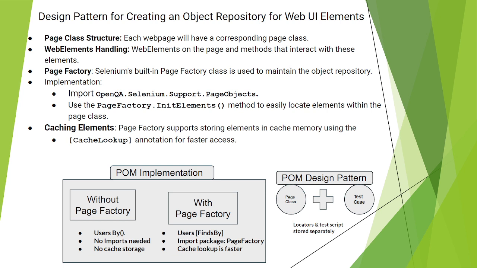There's also one concept of caching elements in page factory. Page factory supports storing elements in cache memory using the CacheLookup annotation, so that you will find your automation a little faster than the concept without using page factory. So let's move to the next slide.